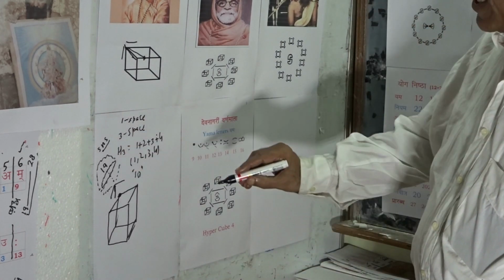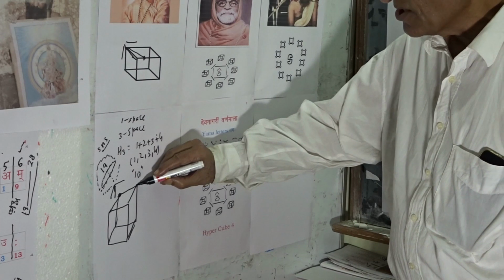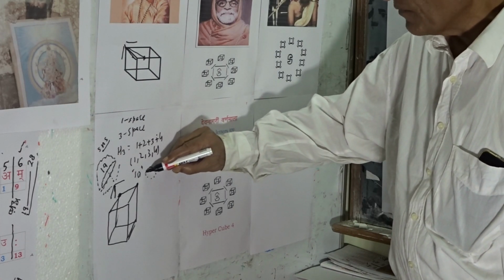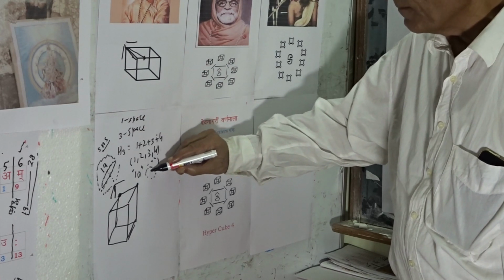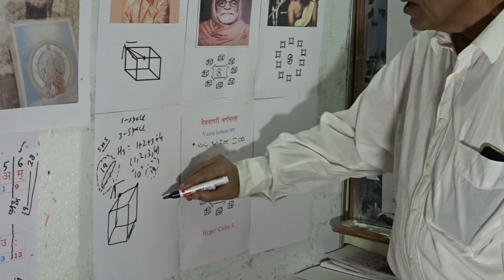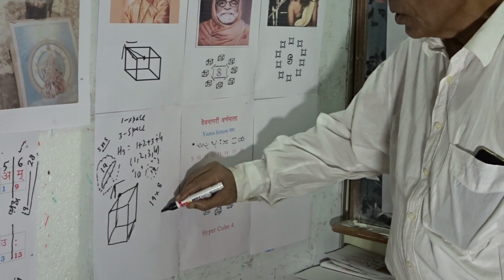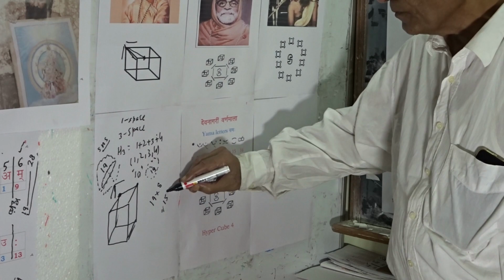There are as many as 8 such unmanifest southern hemispheres of values 19 each. Therefore, 19 multiplied by 8 leads us to value 152.